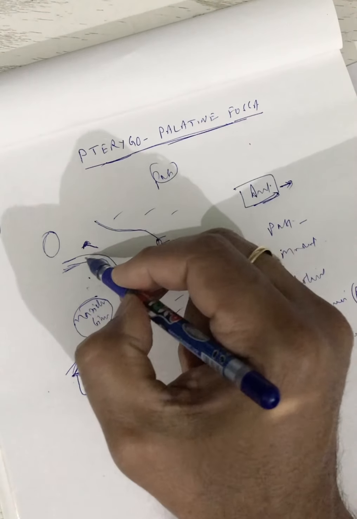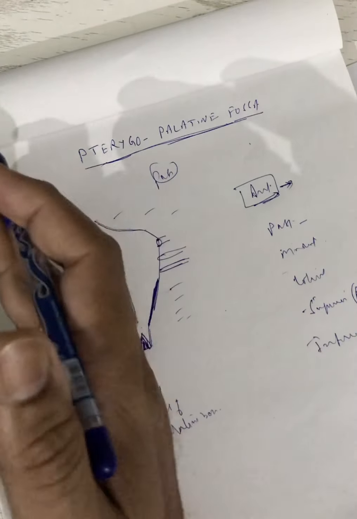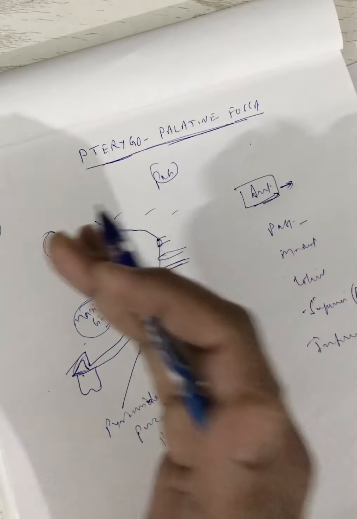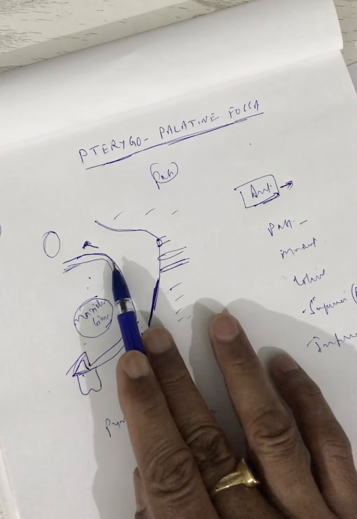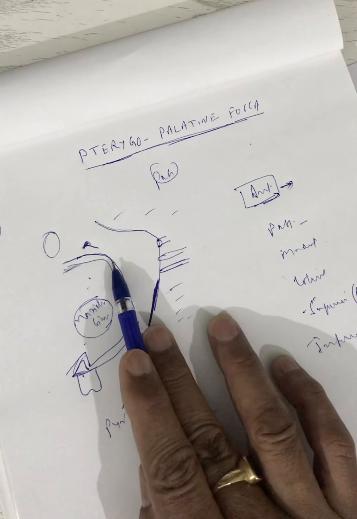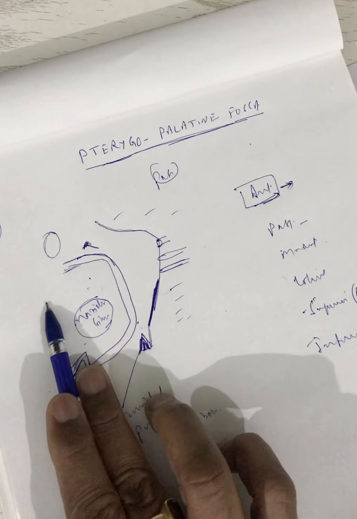Anteriorly, this is the body of the maxilla, and if this is anterior and this is posterior, you can say that this is the posterior portion of the body of the maxilla, and this is the anterior portion of the body of the maxilla.